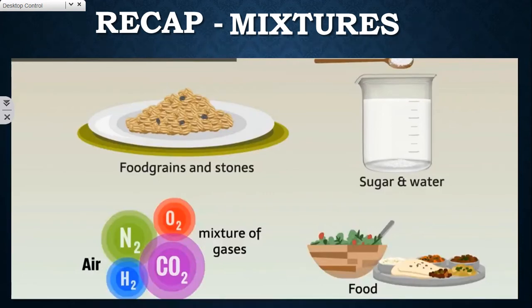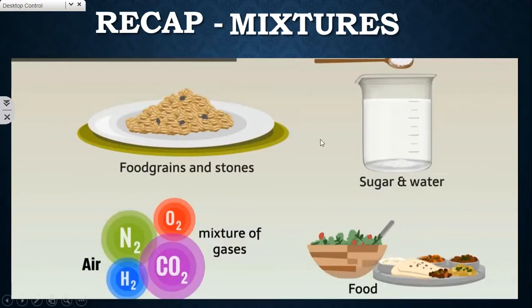It is further divided into 2 types: homogeneous mixture and heterogeneous mixture. A homogeneous mixture comprises components which cannot be seen with our eyes, whereas in a heterogeneous mixture, components can be seen with our eyes.